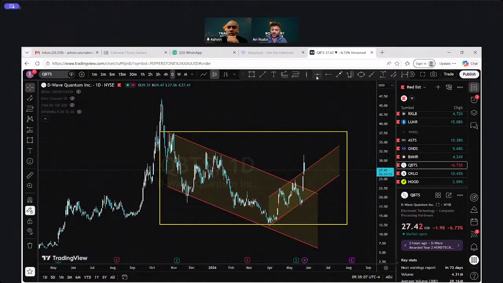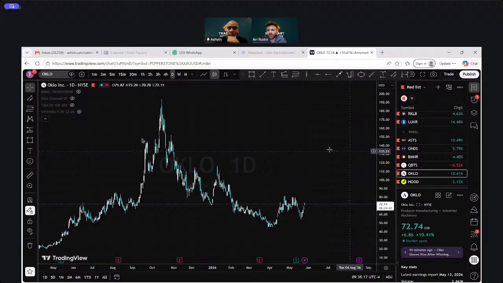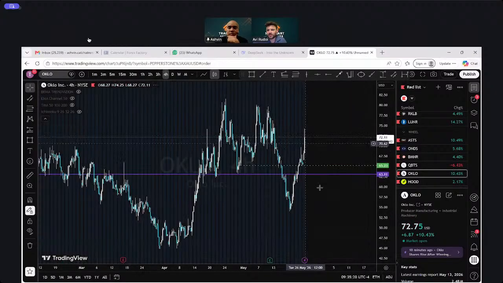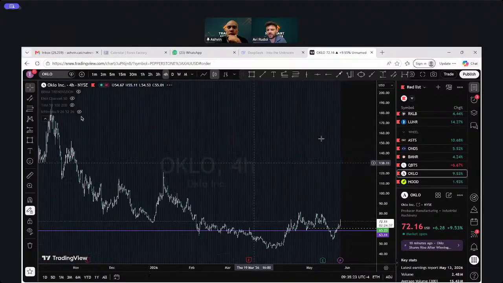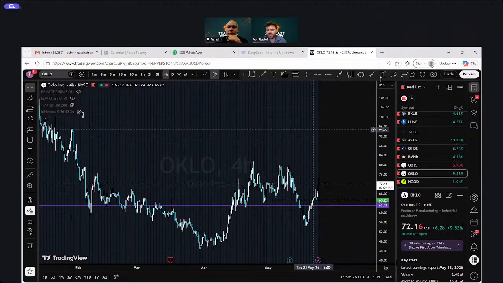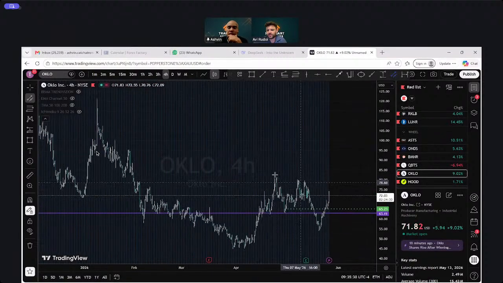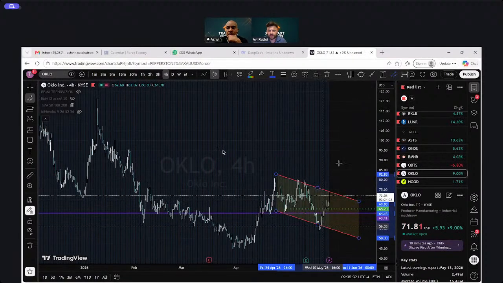So if QBTS comes down, then this might be an area that we can take. Once overshoot, then we stay out of it. So Oklo, I'll go one by one. Oklo has got one channel, and not yet.